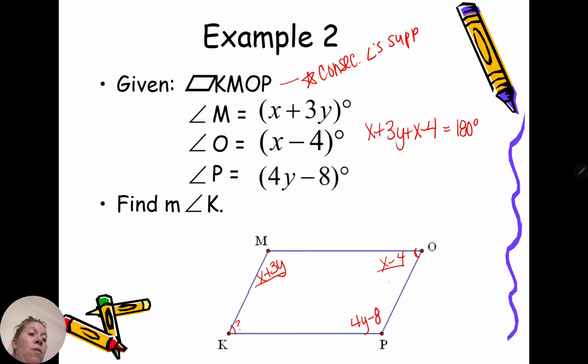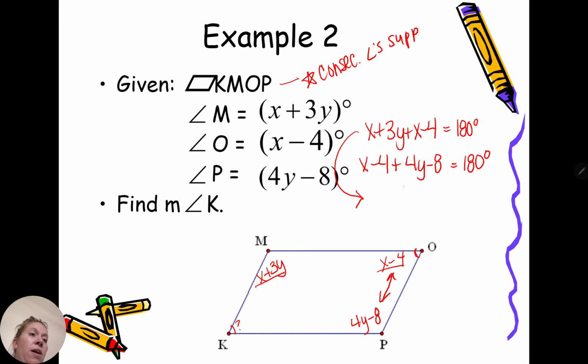We also know that x minus 4 plus 4y minus 8 equals 180 degrees. And that, ladies and gentlemen, is a system of equations. So let's get all of our x's and y's on one side and do some elimination.